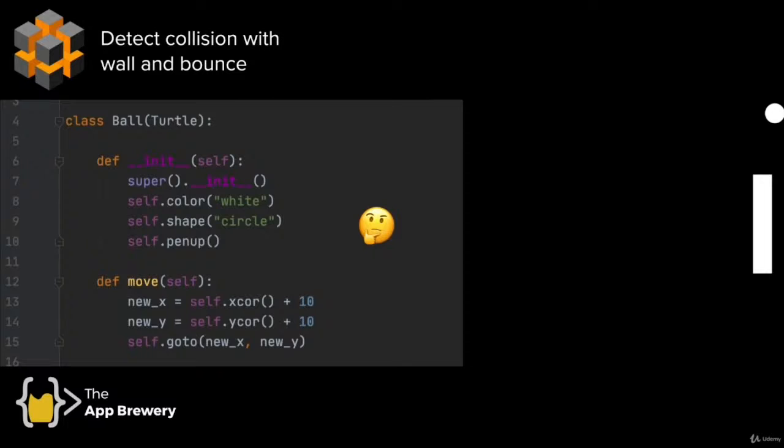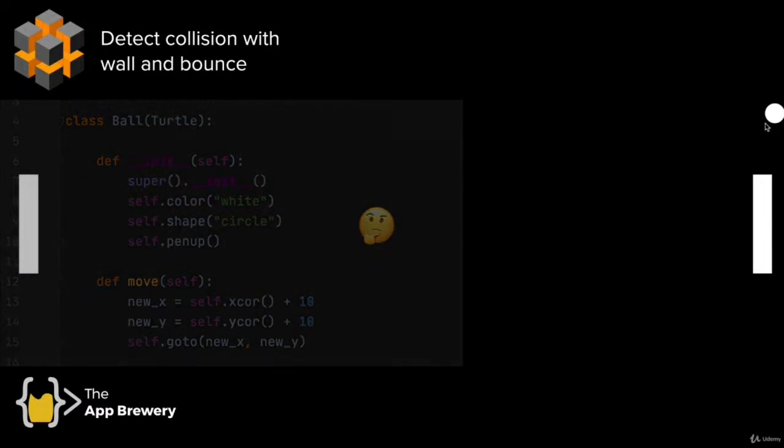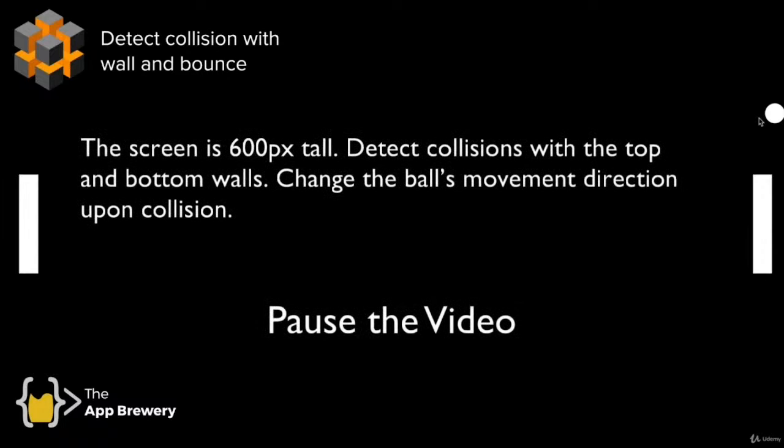When the ball is constantly going up in the Y value and going up in the X value in order to travel in this direction, what actually happens to the X and Y values when it bounces? Which one gets reduced and which one stays constant? Have a think about those questions and play around with some of those numbers and see if you can complete this challenge by yourself. If you get stuck or if you just want to check the answer, then come back and I'll go through the solution with you.